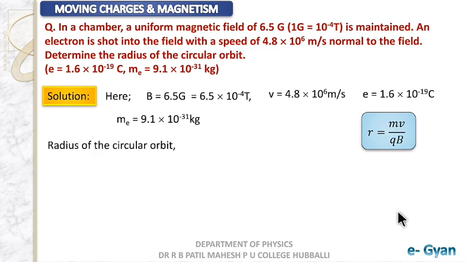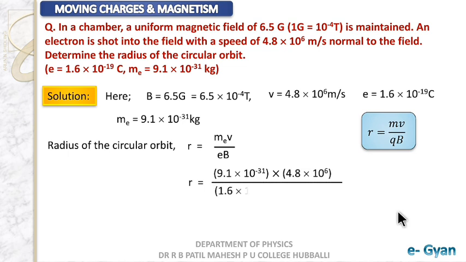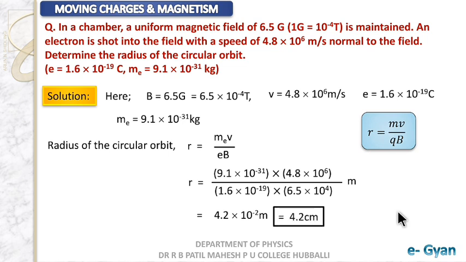Taking it for the given problem, we get R equals m_e into v divided by e into B. Substituting their respective values in the equation, we get this expression, and further simplifying it along with their powers, we get the value to be R equals 4.2 into 10 raised to minus 2 meters. If we further write it in centimeter, it comes out to be 4.2 centimeters.